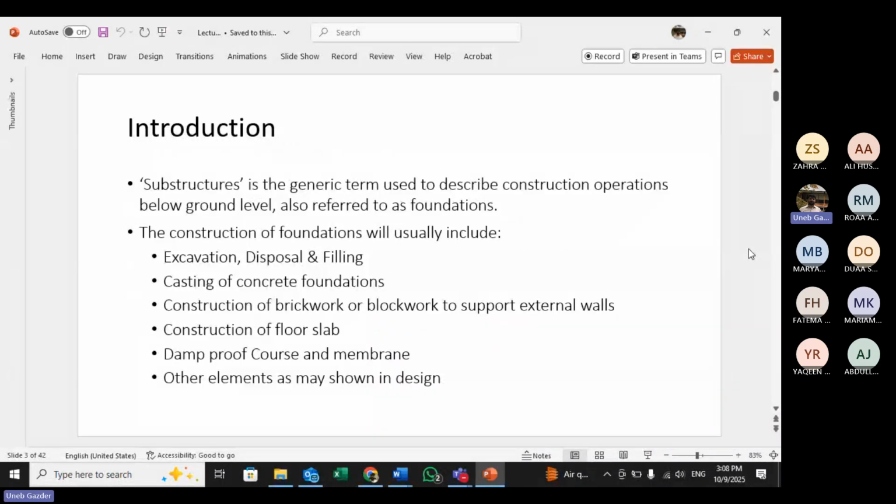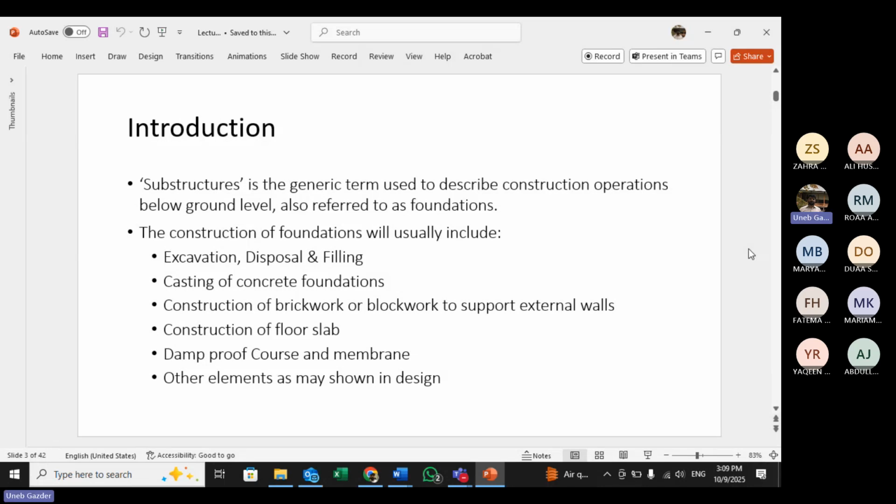First of all, let us define what we mean by substructures. A substructure is a generic, general term which is used to describe any construction work, any construction operation which happens below the ground level, or I would say up to the ground level.